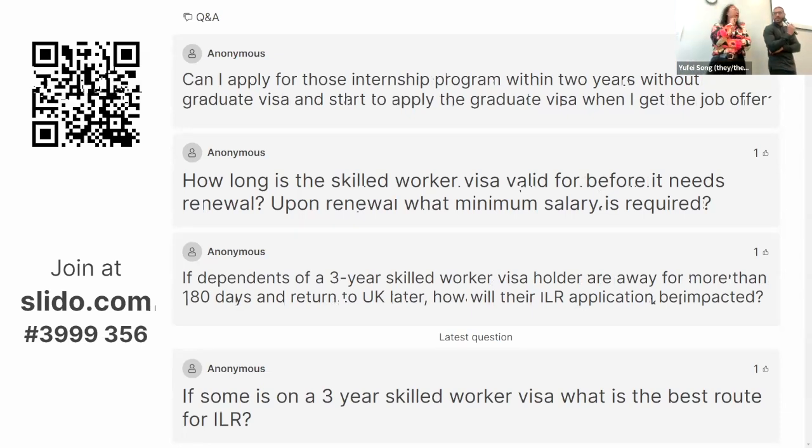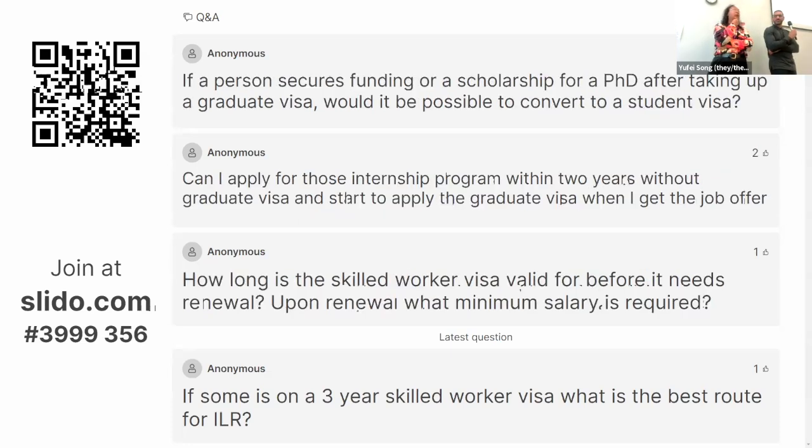Can I take this one if that's all right? I think by internship program, I assume you mean a graduate scheme that lasts for 2 years, because you mentioned it's after you graduate as well. In terms of the timing to apply for a graduate visa, that's after you have confirmation that you have finished your course.